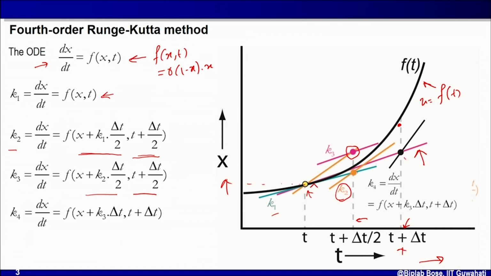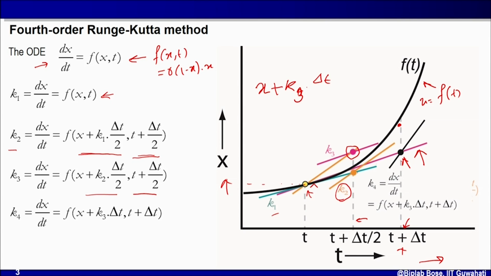So that intersection point is this black dot. What will be the value of x there? The value of x in that black dot will be x, the original value of x, plus k3 into delta t. So you have taken the slope of k3 and extended it by an increment delta t. So the new value of x at this black point is x plus k3 delta t.